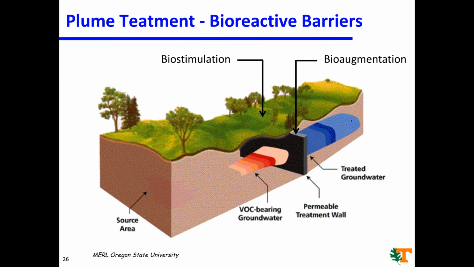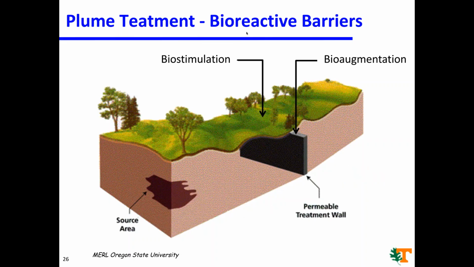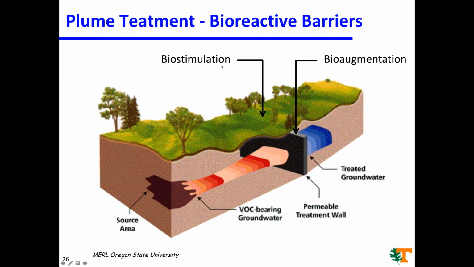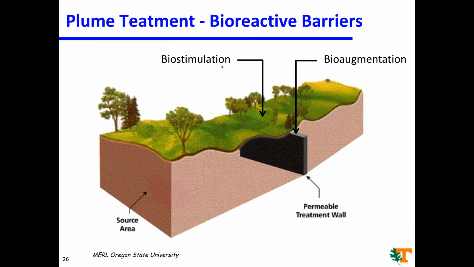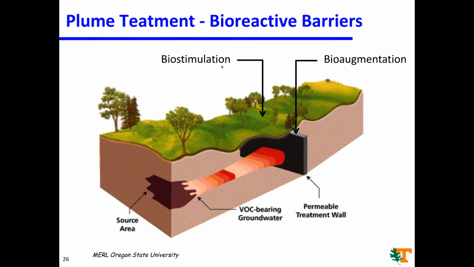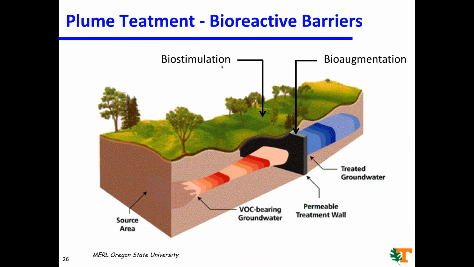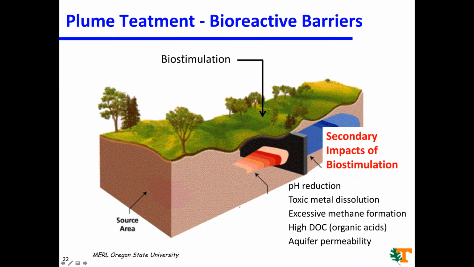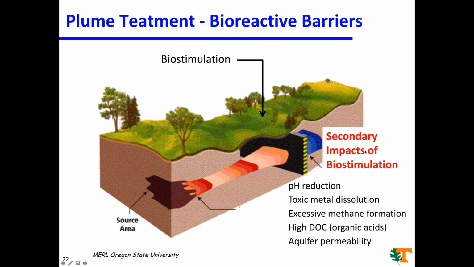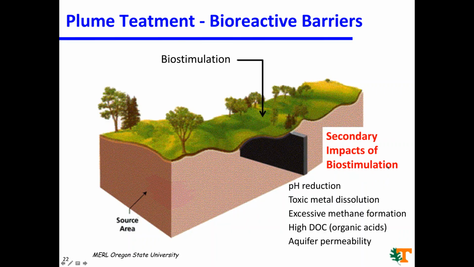So now, what has been happening a lot is biostimulation with electron donor, which is often key to stimulate the Dehalococcoides, Dehalogenimonas, and other organisms involved in reductive dechlorination. What we often forget is if we biostimulate too much, there are negative consequences, secondary impacts of biostimulation on aquifer groundwater quality.